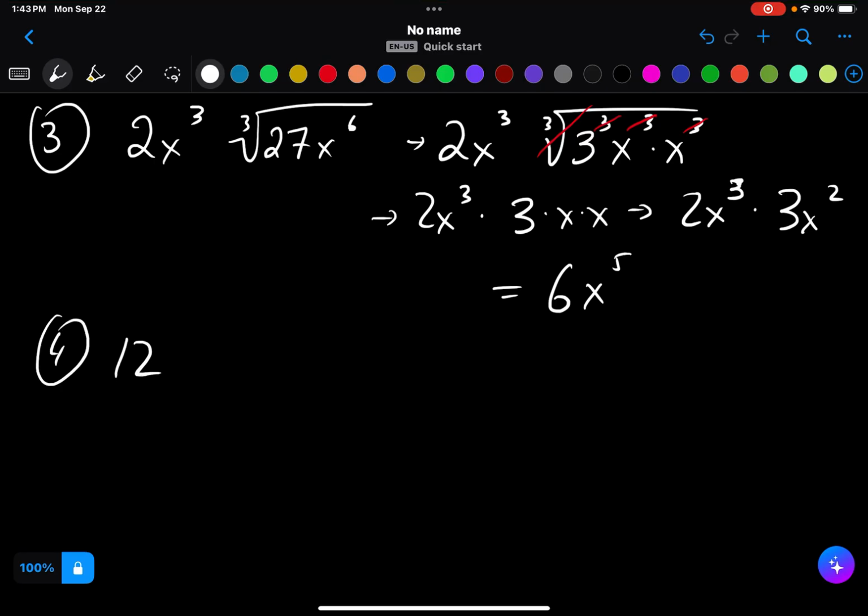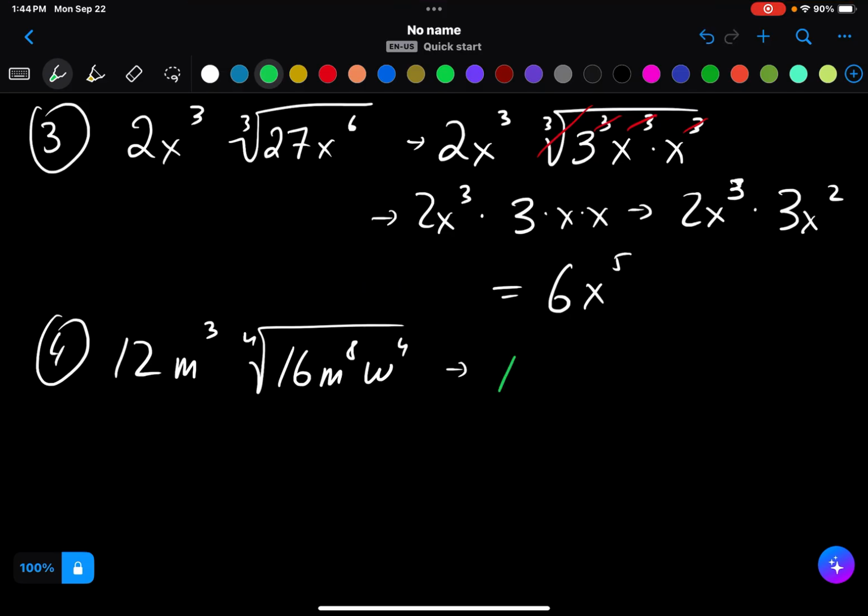You have 12m to the 3rd power times a power 4 radical. Underneath you have 16m to the 8 and w to the 4. So again, I'm going to ignore what's outside, and we'll deal with the radical.